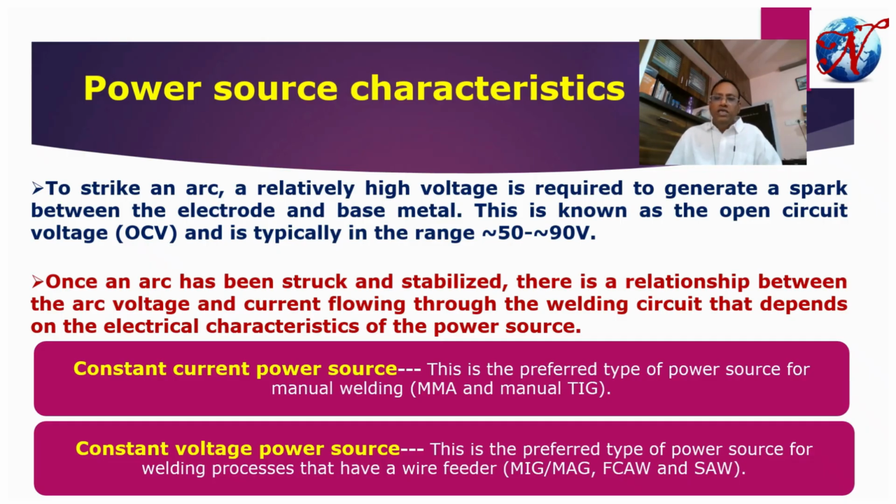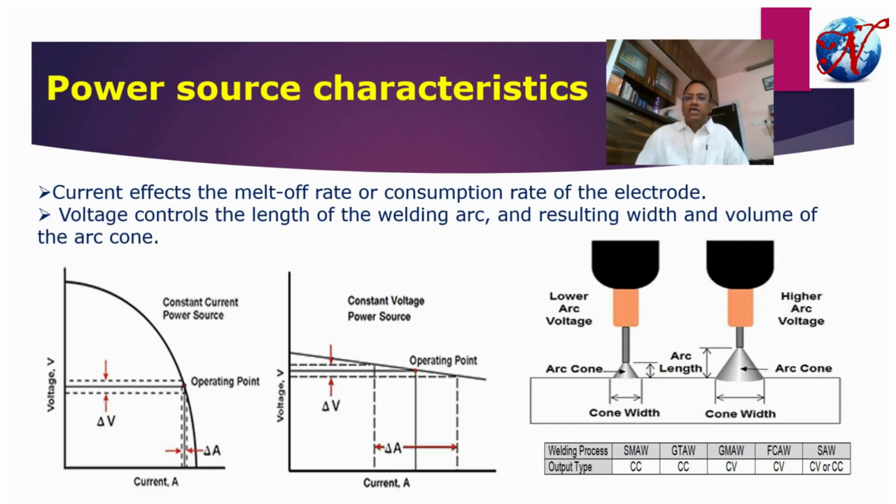Where automation or semi-automation is involved, like SAW, MAG, MIG, and FCAW, we use a constant voltage power source. This is the preferred type of power source for welding processes that have a wire feeder, that is MIG, MAG, FCAW, and SAW.